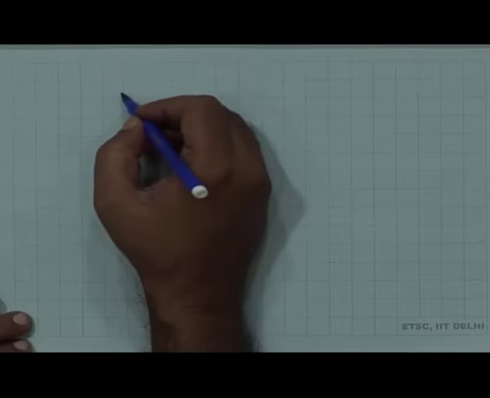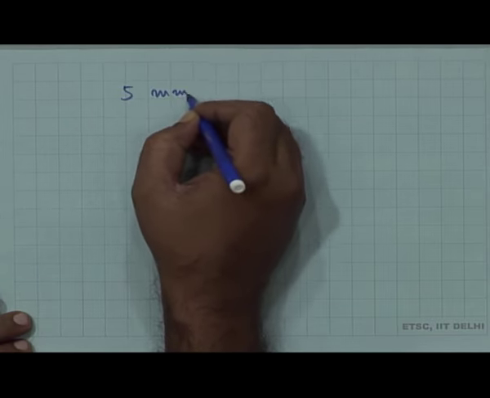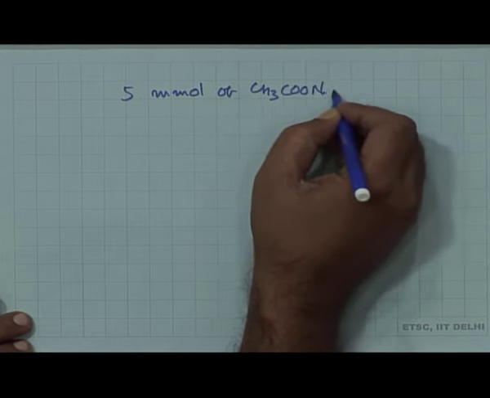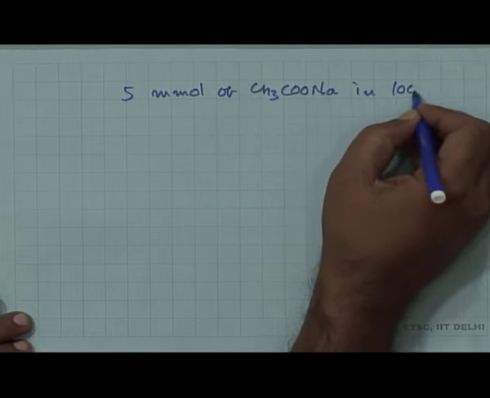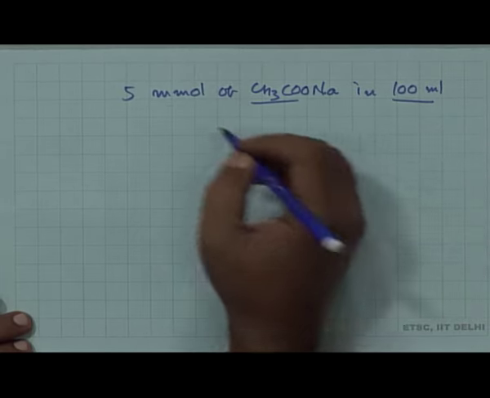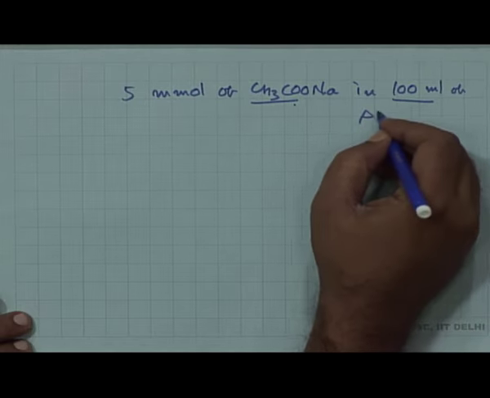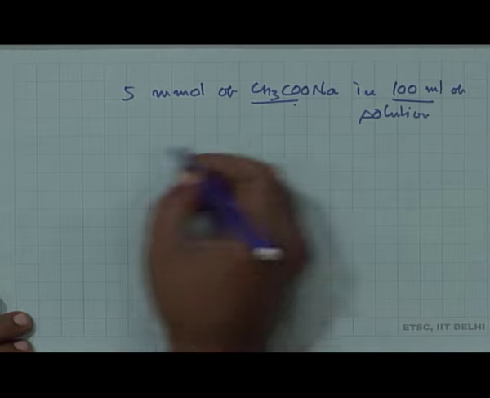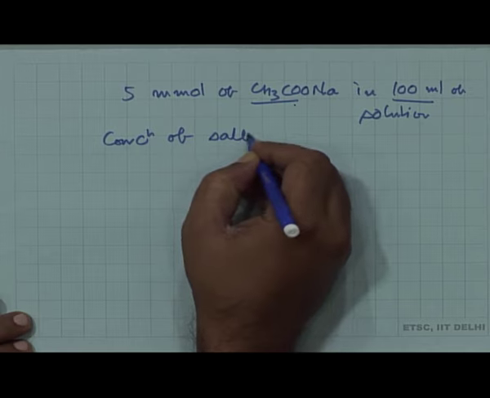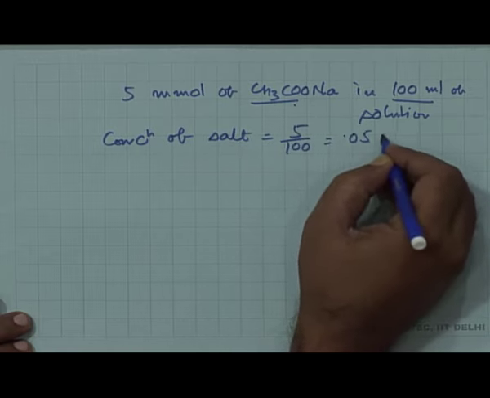So, we just saw that we have 5 millimole of sodium acetate in 100 ml of solution. So, concentration of salt is 5 divided by 100, 0.05 molar.